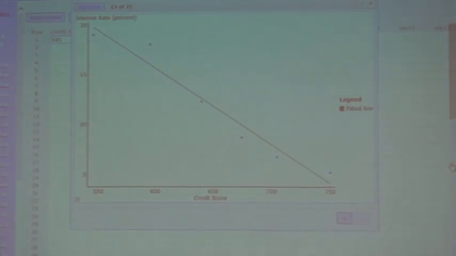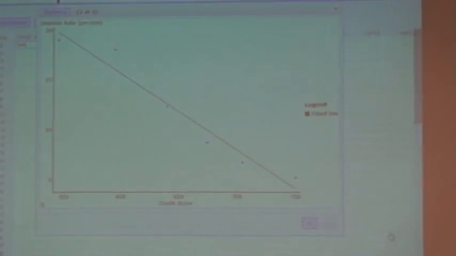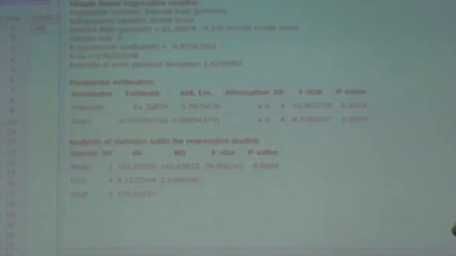Okay, so regression equation. Is this all kind of coming together for you? Good, I hope so. There's our slope and intercept. Remember, that's right at about the middle of your output.